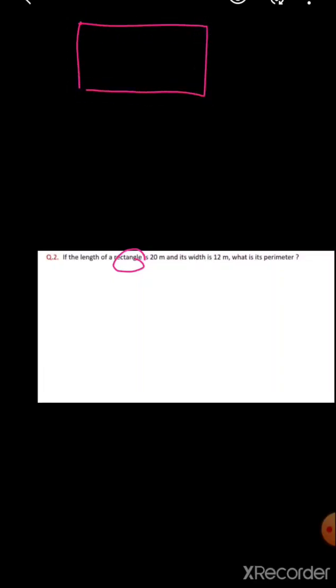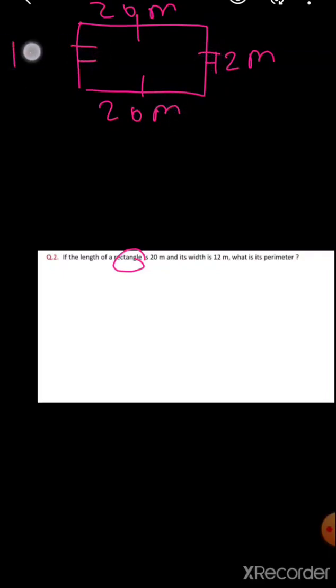The length of the rectangle is 20 meter and the breadth is 12 meter. If this is 20 meter, this will also be 20 meter, and if this is 12 meter, this will also be 12 meter. Now we will write the formula of the perimeter of a rectangle.